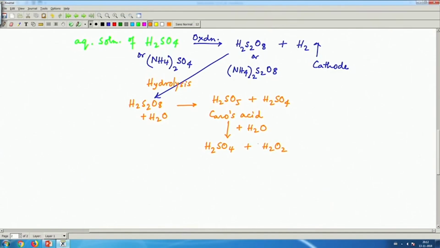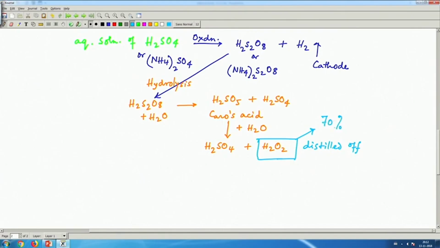So, this H2O2 is in the reaction medium, it can then be distilled off, and the total yield can go up to 70%.